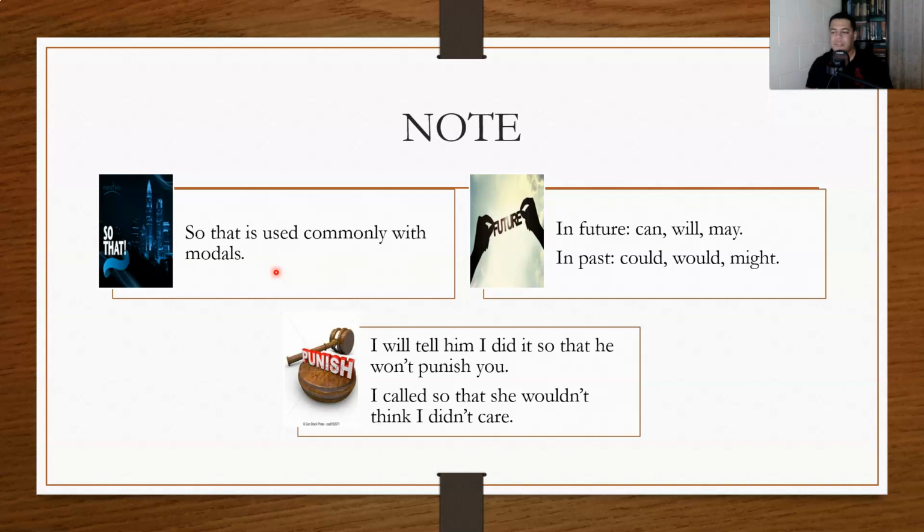We have the case of so that to express purpose, right, which is used also commonly with modals. For example, we can consider that in future we can use can, will, and may. In past we can use could, would, and might with so that, right?